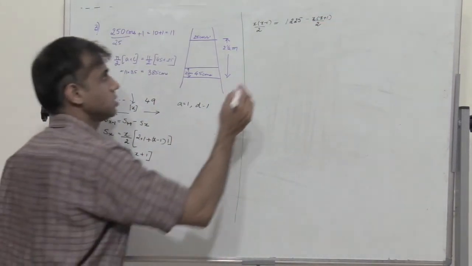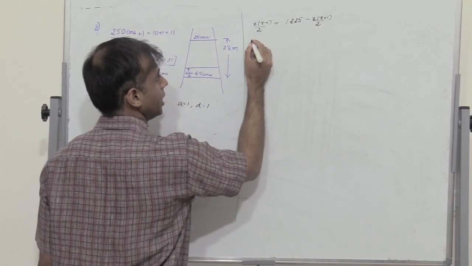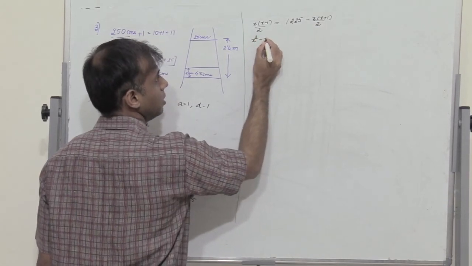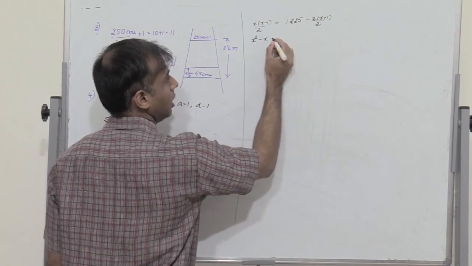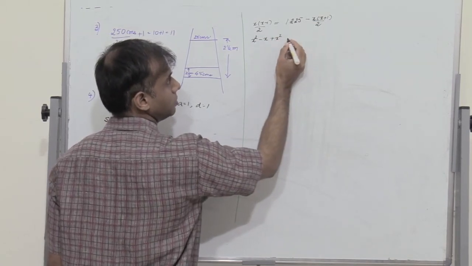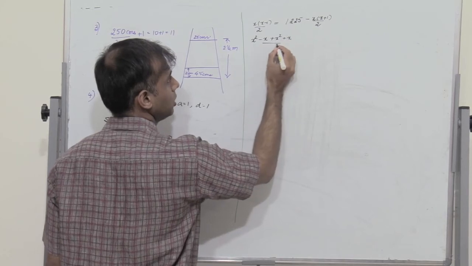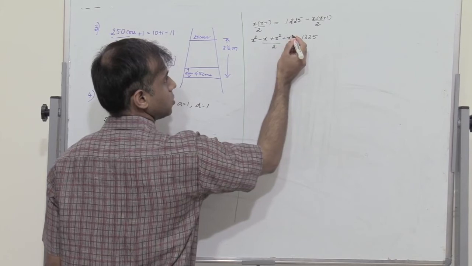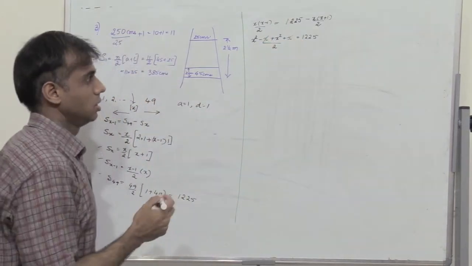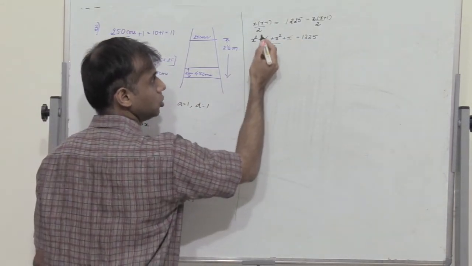So let me take this to LHS. So I get x square minus x, plus x square plus x, the whole thing by 2, equals 1225. So x and x get cancelled. So this is 2x squared by 2, the 2 gets cancelled.